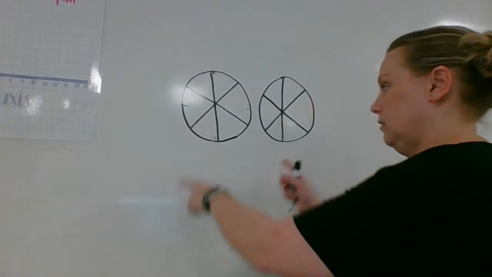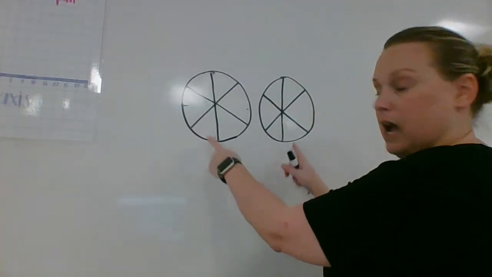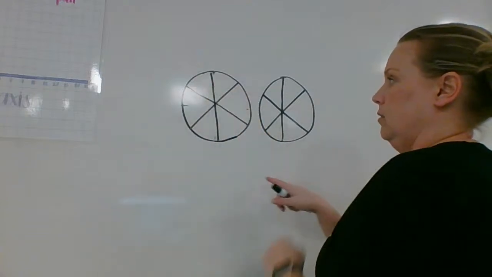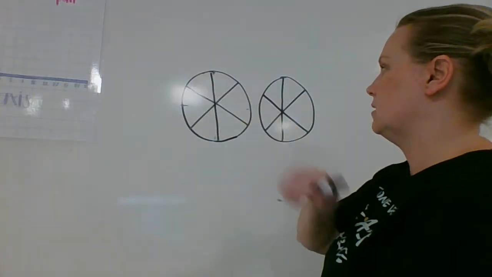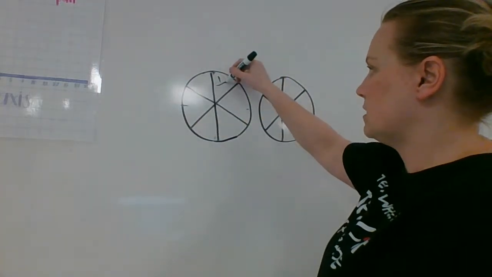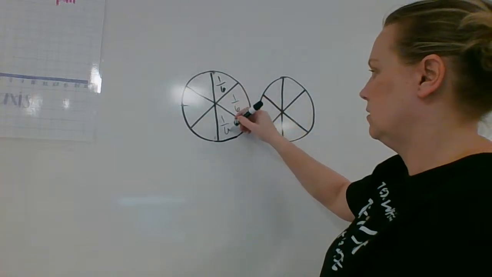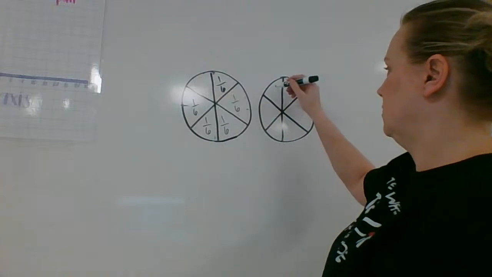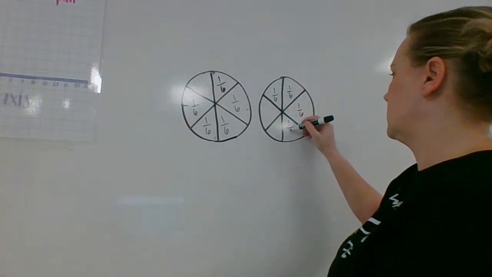Well, if we look, we're given 2 whole circles, and those 2 whole circles are divided somehow. There's 1, 2, 3, 4, 5, 6 pieces, or each piece is worth 1/6. One sixth here, 1/6 here, 1/6 here, 1/6 here.